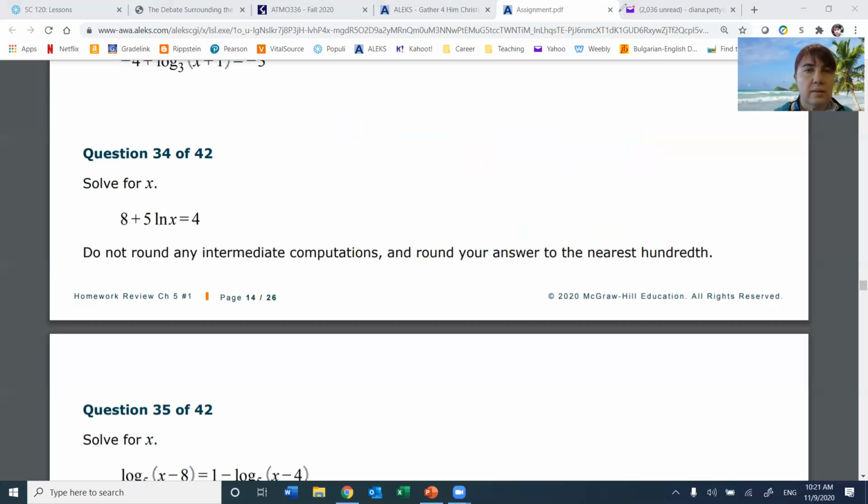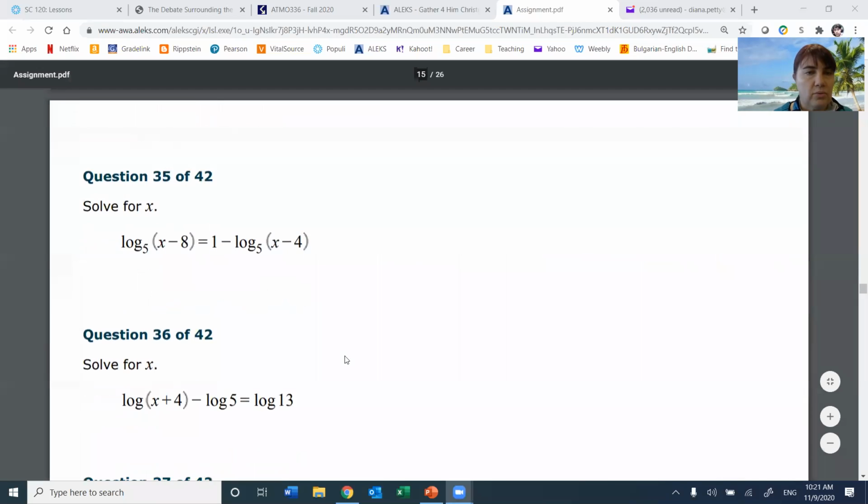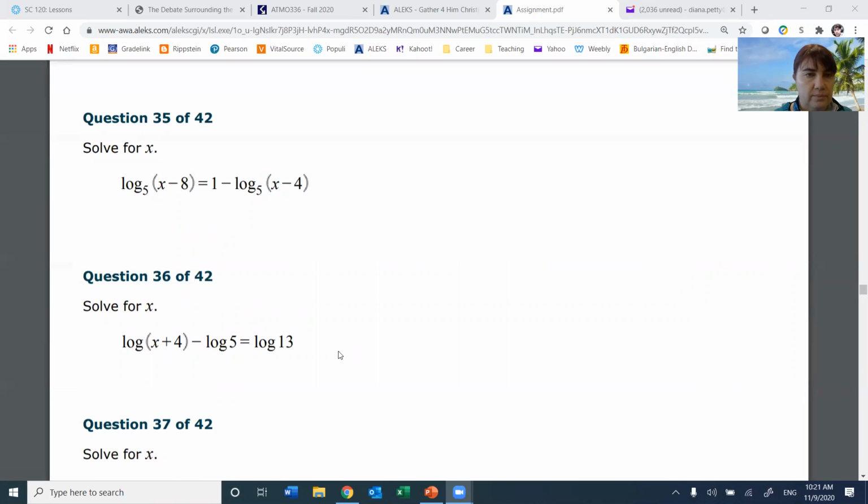Next one is 35. Okay, we're going to do 35. So what do you need to do? You should move the logarithms on one side, right?